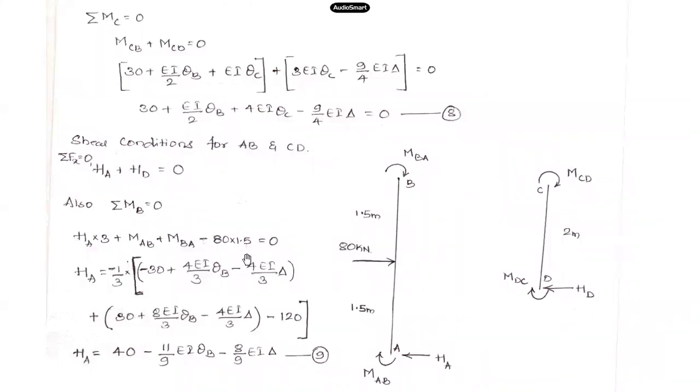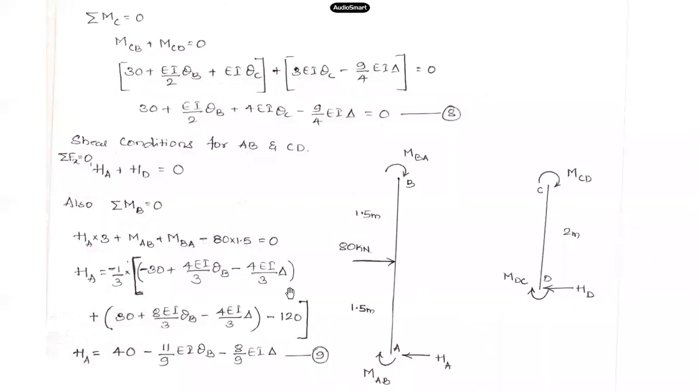And here it is 80 into 1.5 minus 120. So this is minus 1 by 3, and this entire term has been taken on the right hand side except HA. When you simplify that, it will tell you what HA is equal to in terms of theta B and delta. So what I'm getting here is HA as 40 minus 11 by 9 EI into theta B minus 8 by 9 EI into delta. I'll call this equation number 9.